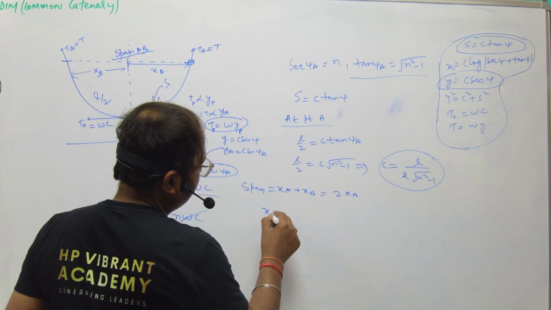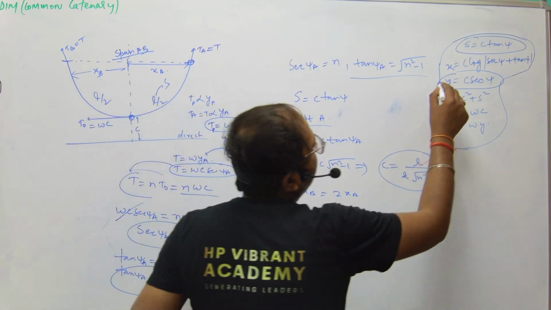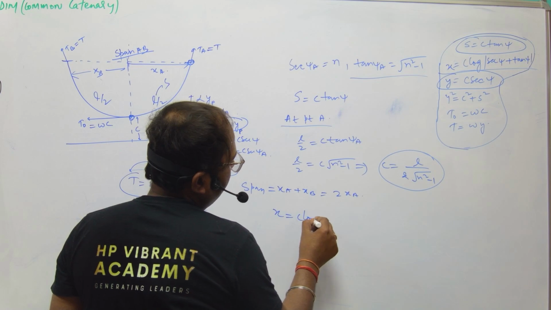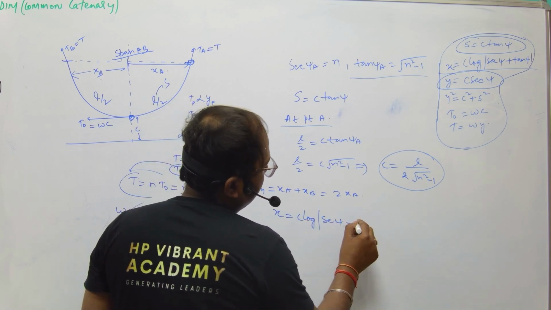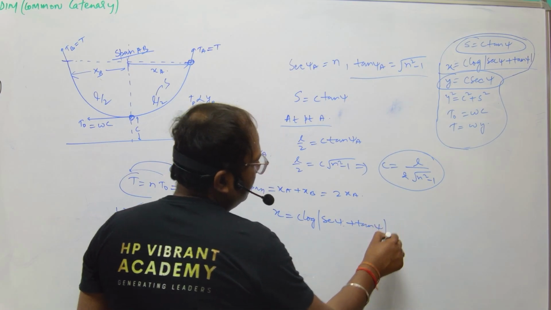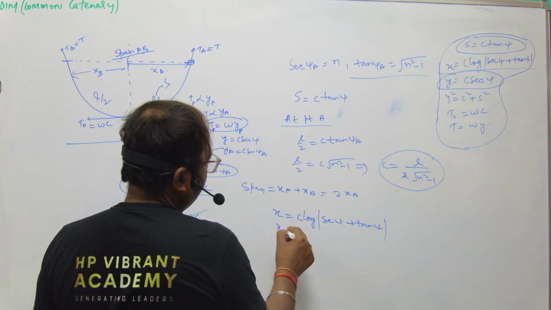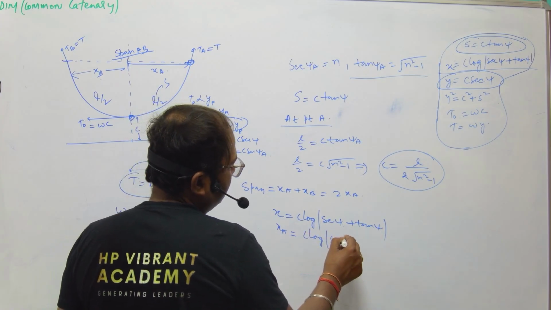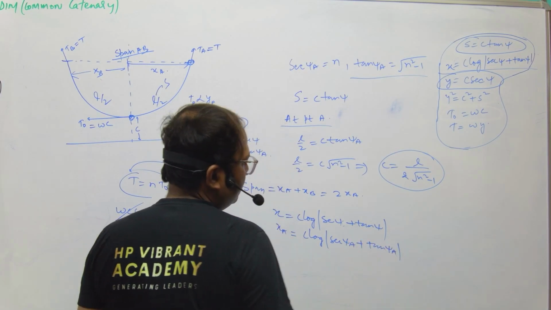We have the x coordinate as x is equal to c log of sec psi plus tan psi. So for point A we have XA is equal to c times log of sec psi A plus tan psi A. Let us place the value here.